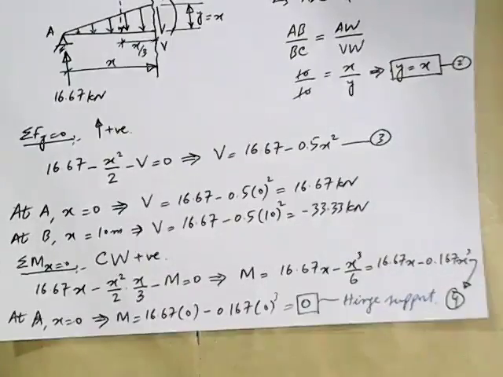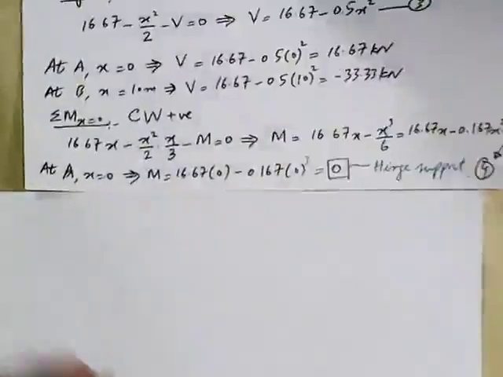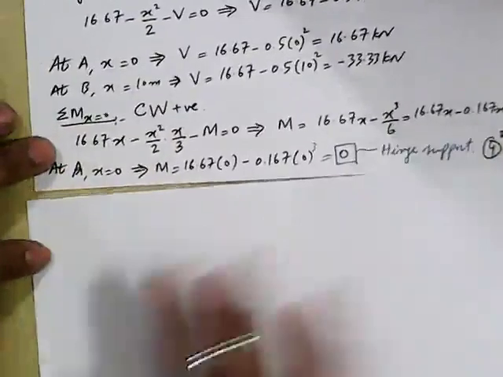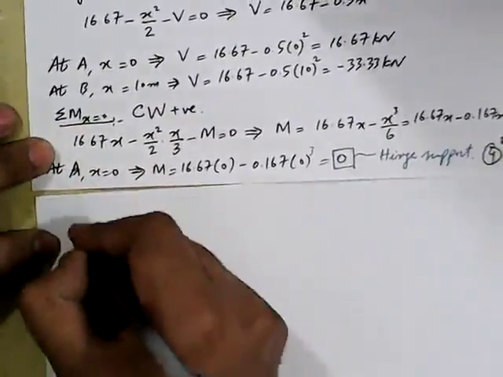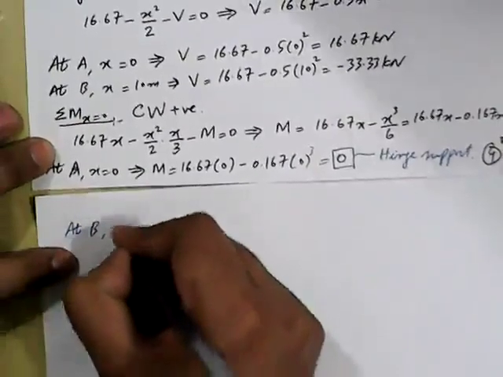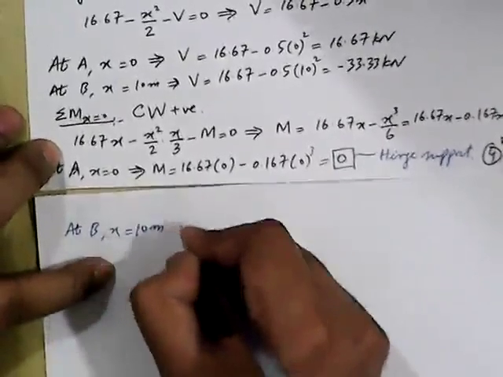Now let's move on and calculate the value of moment at point B. At B, how much is the value of x at B? x is equal to 10 meters.